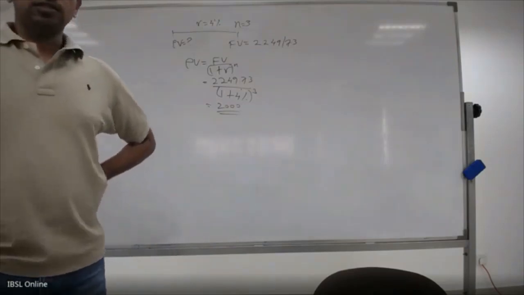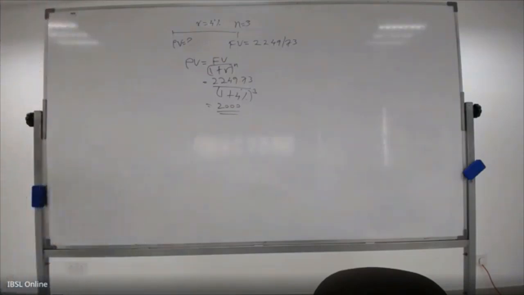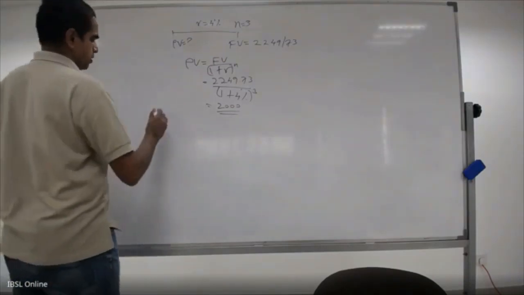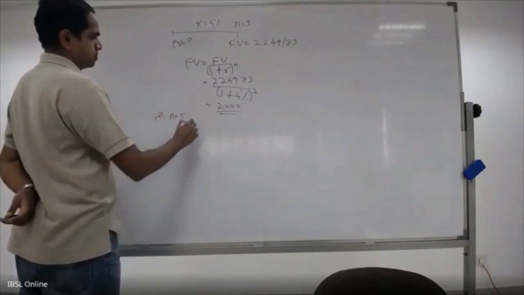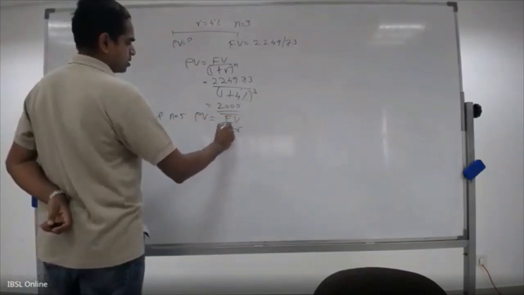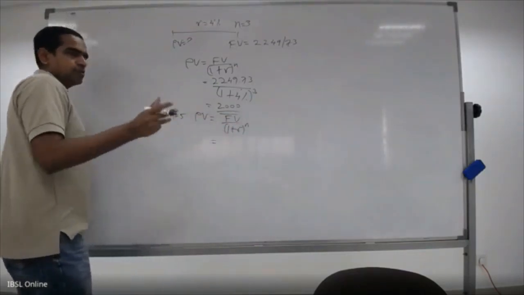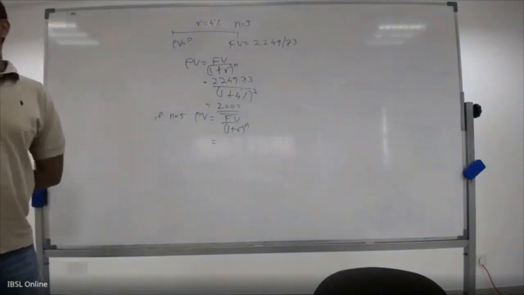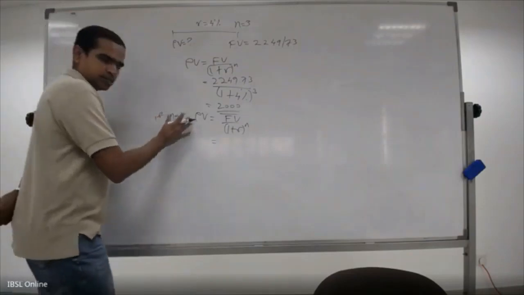How would your answer change if the bond matures in 5 years rather than 3 years? So what happens if n equals 5? Then the present value would be future value over (1 + r) power n. Always write the equation. Something I have noticed when going through answer scripts at the exam is that some students don't write the equation. This is the basic thing.